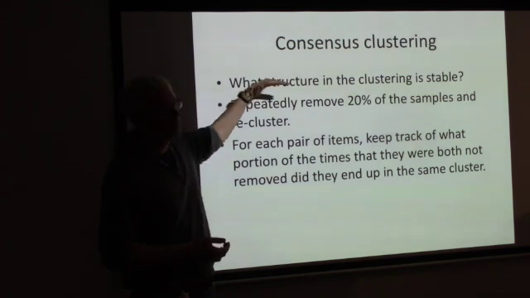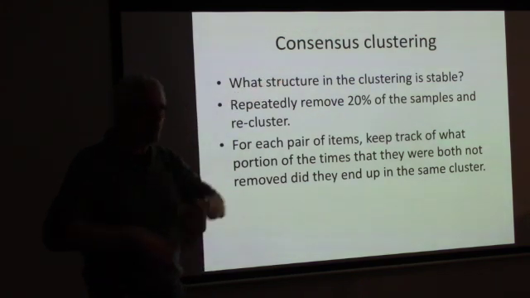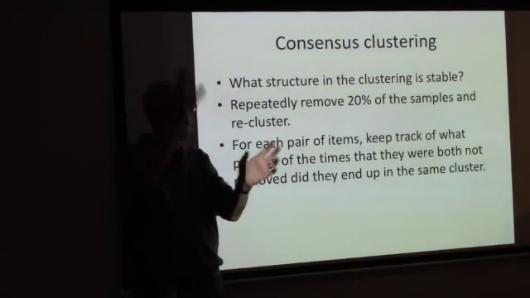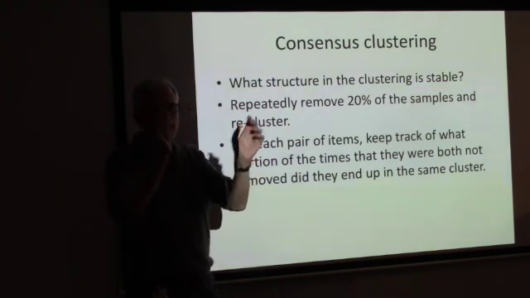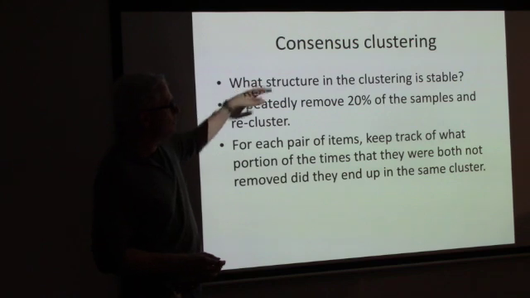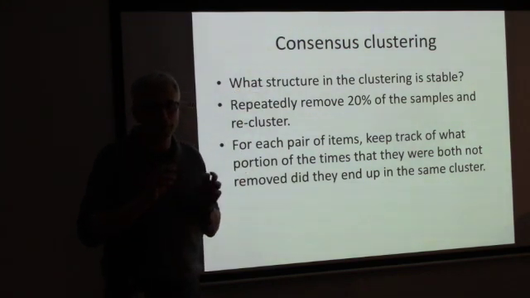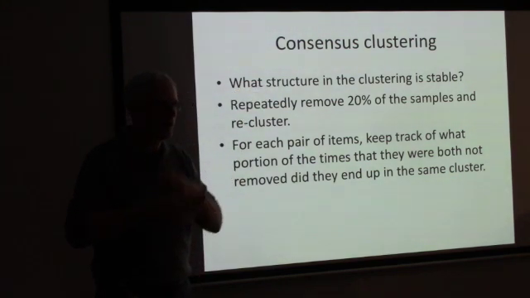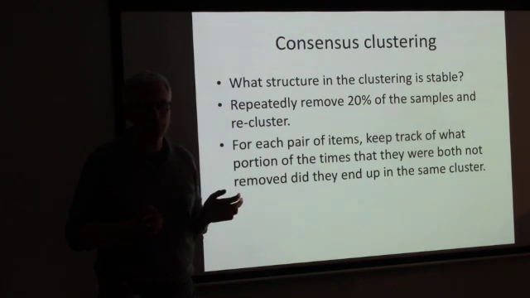Consensus clustering is kind of like that. If you do your clustering and you get some things and you say, oh, this is really great, I have a great story to tell, consensus clustering says, well, perturb your data a little bit and see if it's still there. If it falls apart, it probably wasn't true in the first place.